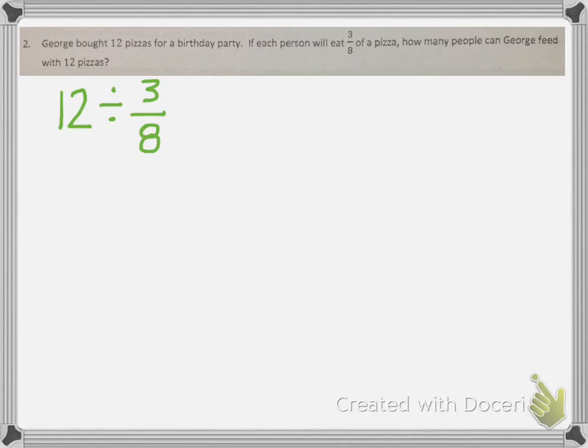And I want you to think about how we can change this division problem into a multiplication problem. So 12 divided by 3/8 is something, and we can change this to a multiplication problem in this way. 3/8 of what number is 12?